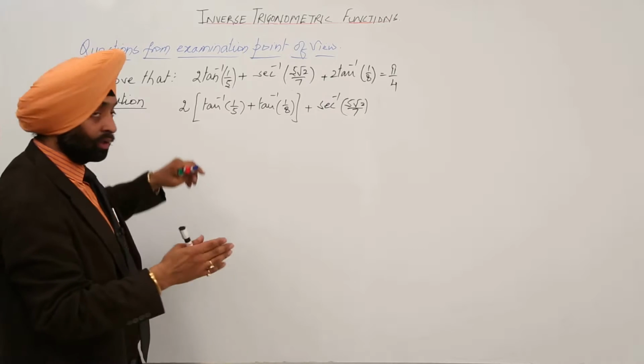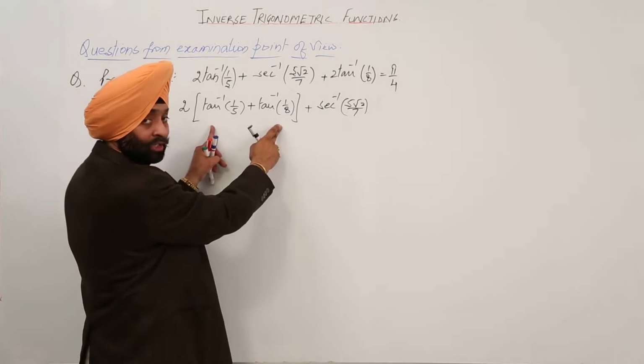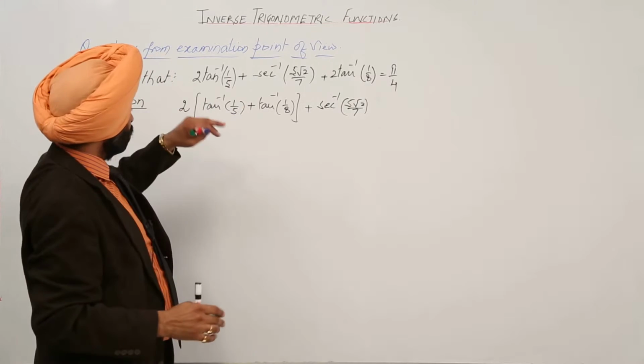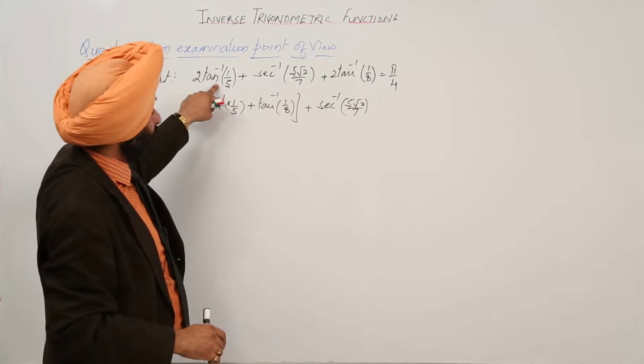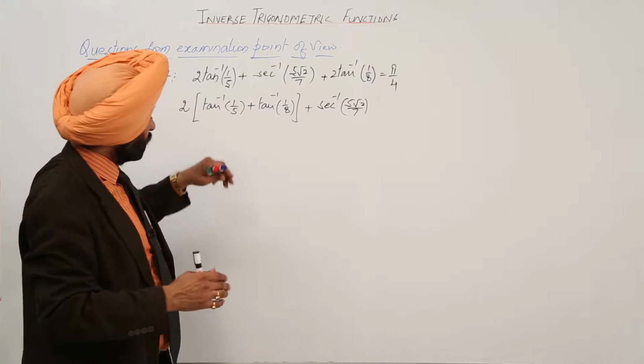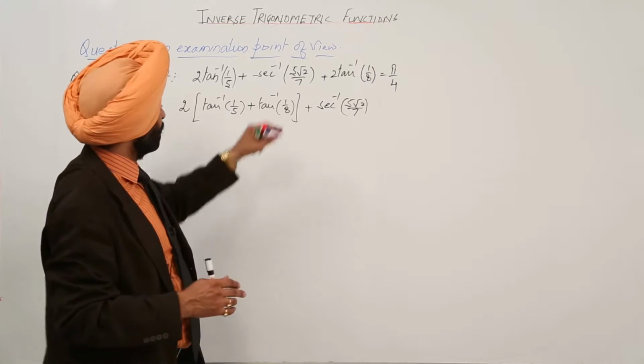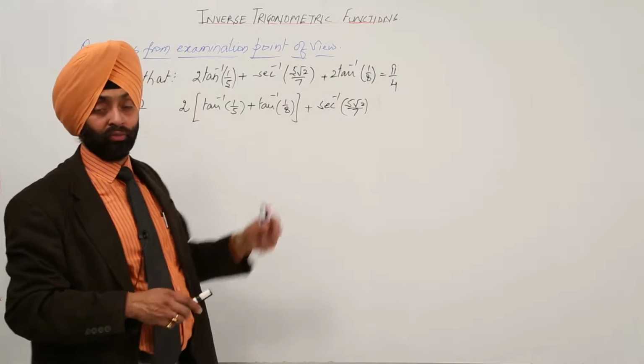Or what I have done is I have just taken 2 common and I am directly using this formula. First of all I use this formula, and then only one time I will have to use a formula for this part.